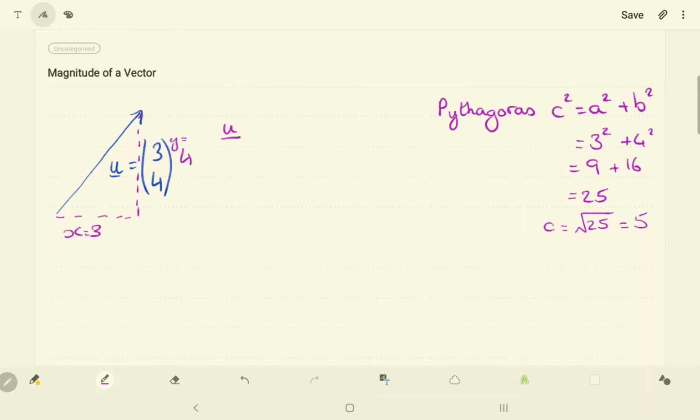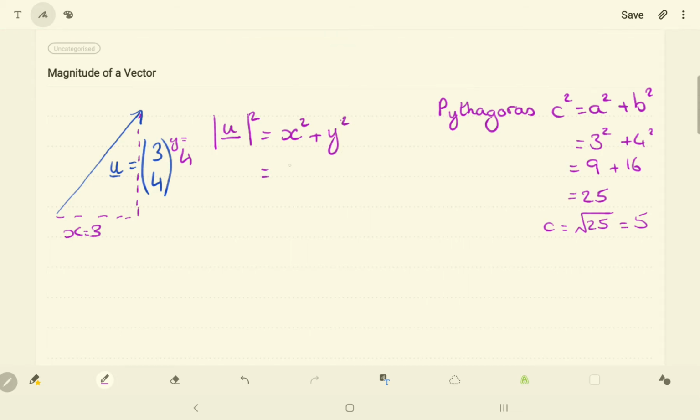We're calculating magnitude. We put 2 lines on either side. Okay, so those 2 lines, either side of the U vector, tell us we are looking for magnitude. So it's squared, the same as the C, but instead of A, we have X, and instead of B, we have Y.